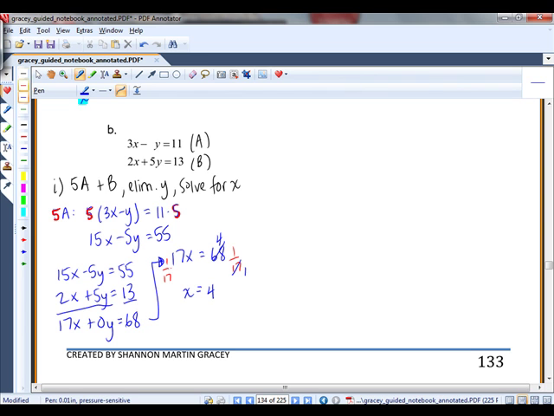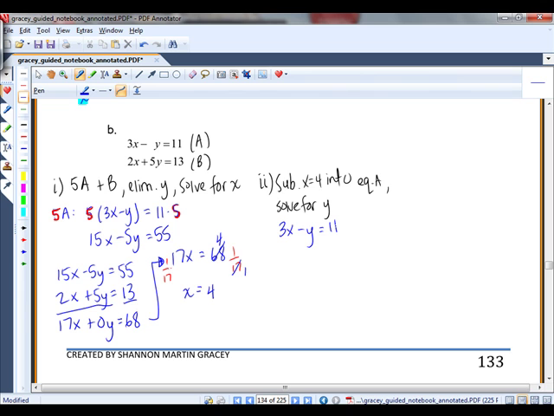Okay. All right. Second step, substitute x equals 4 into, why don't we do equation A, and this will enable us to solve for y. So equation A, before we had switched it, was 3x minus y equals 11.